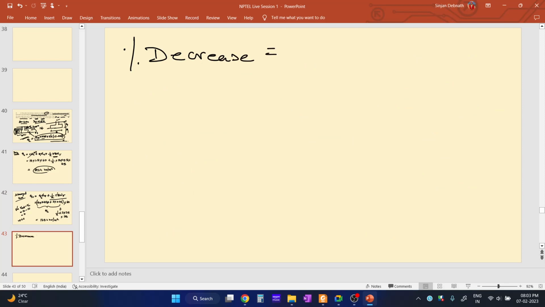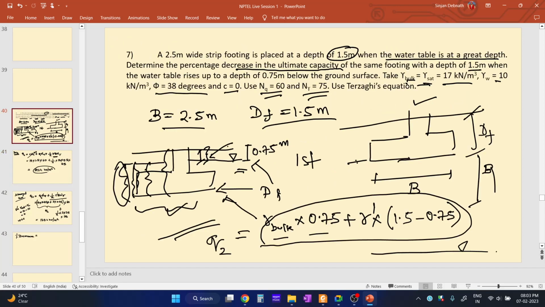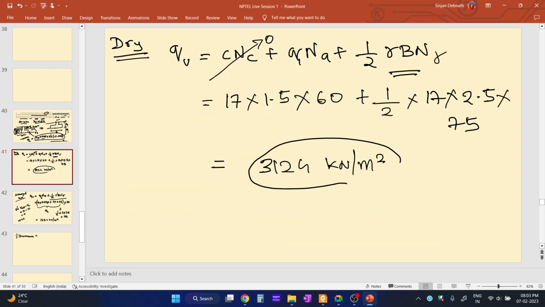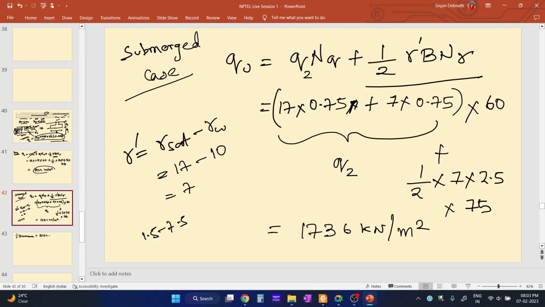What is the percentage decrease? What was the original in the first condition? It was 3124 kilonewton per meter square. And what is the final bearing capacity when the water table rose up? It is 1736.